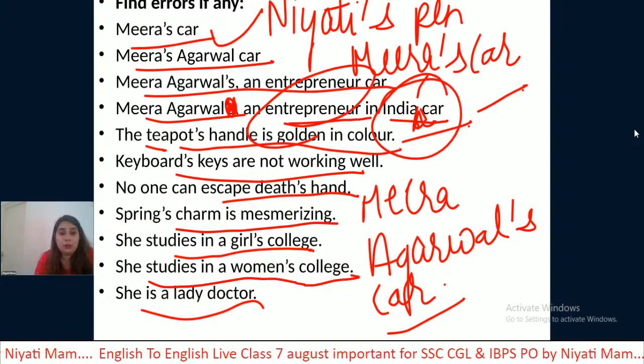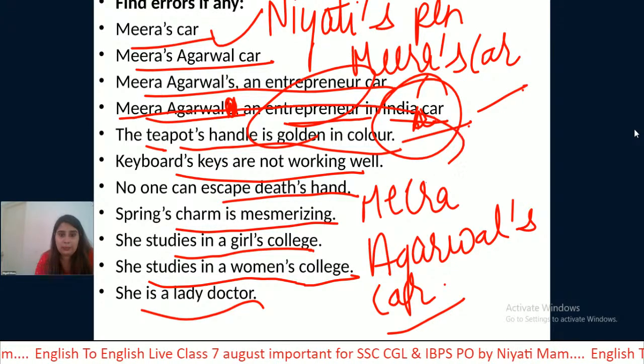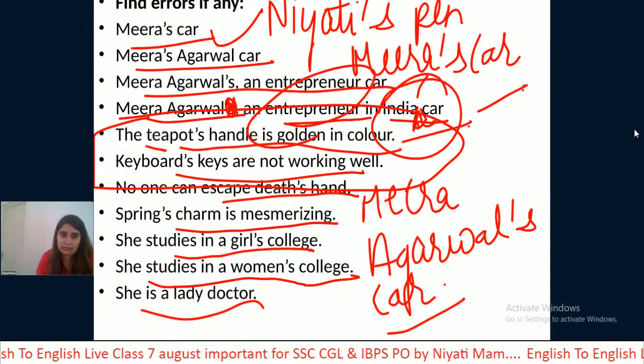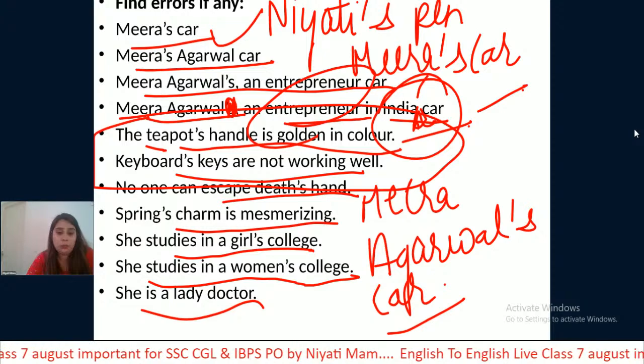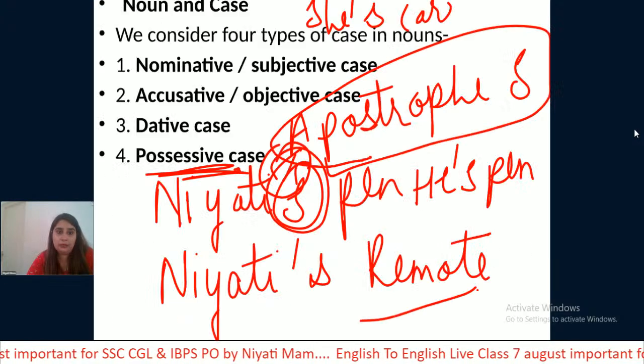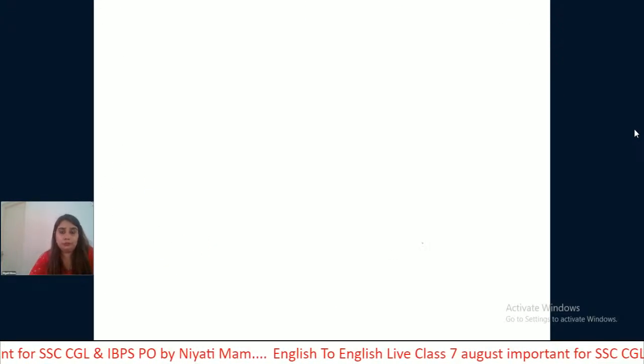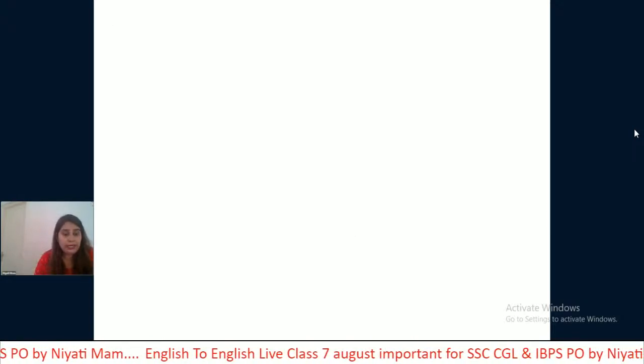So if I talk about these two sentences, the teapot's handle is golden in color and keyboard's keys are not working well, both the sentences are wrong. So what is the correct way? How are we going to correct these sentences?